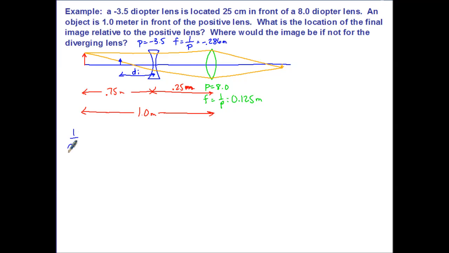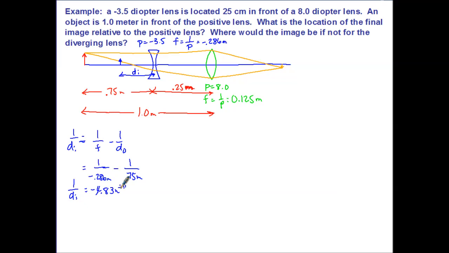So 1 over di is equal to 1 over f minus 1 over do. And so 1 over a negative 0.286 meters minus 1 over 0.75 meters. That will give me for that 1 over di is equal to a negative 4.83 inverse meters.